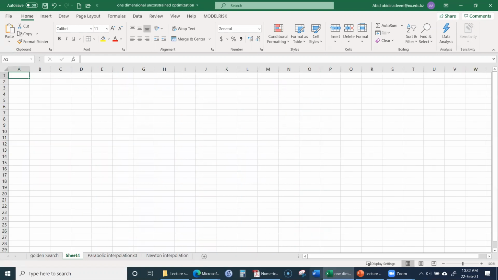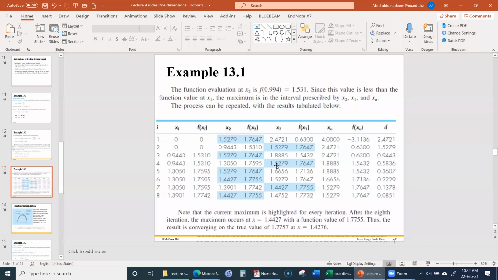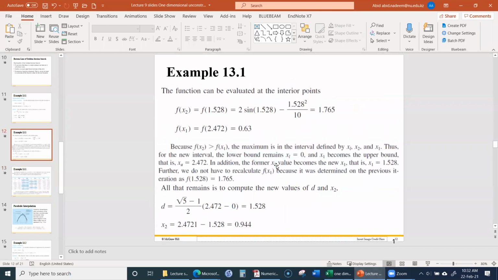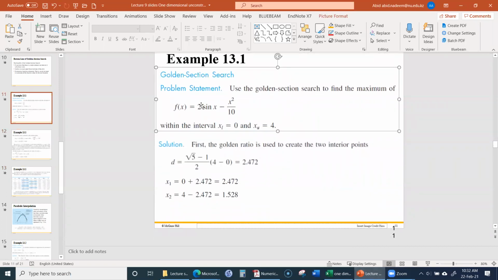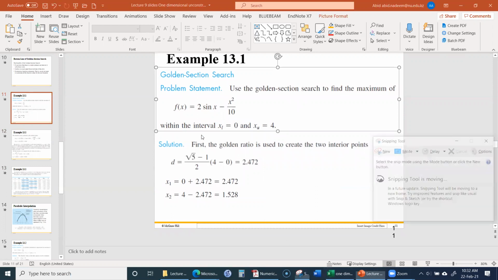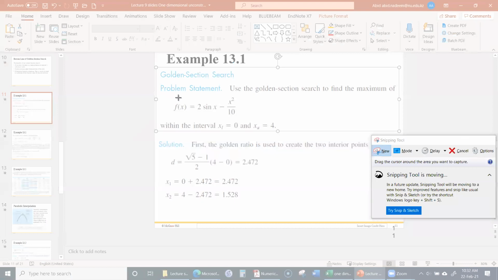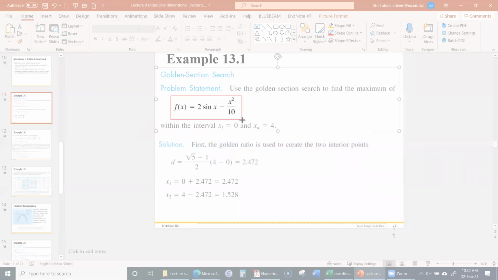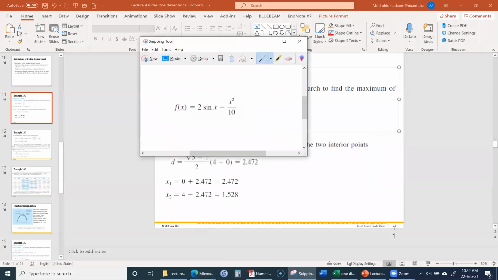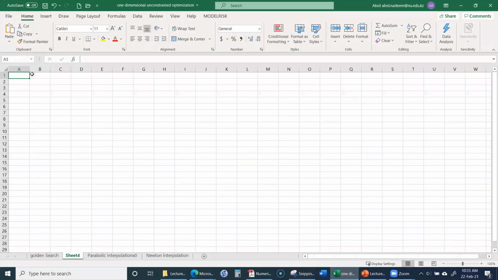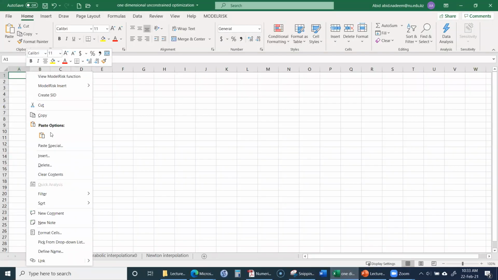First of all, what was the function which we are evaluating? We are evaluating this function. We want to find the maximum or minimum values of this function.